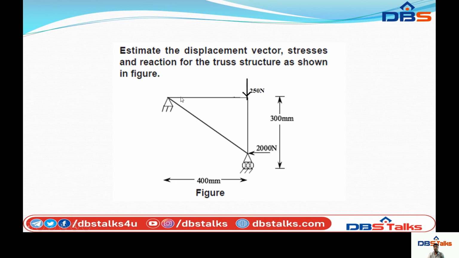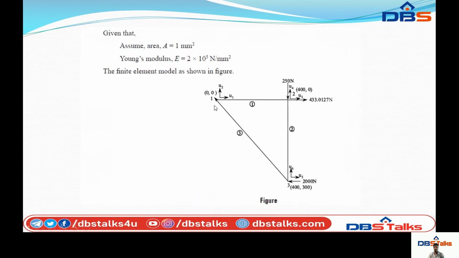After that, it travels 400 mm in the horizontal direction and 300 mm in the vertical direction. At element 3, the coordinate points are 400, 300. At element 1, 0, 0. Then it travels from element 1 to element 2 with length 400 mm, with no vertical movement, so I'm taking 400 comma 0.